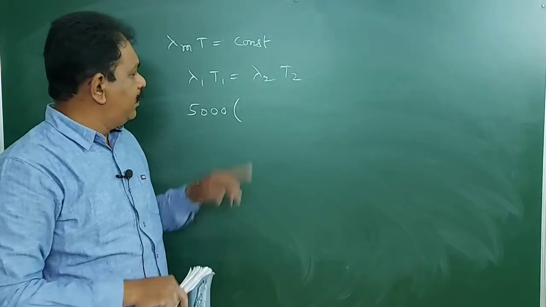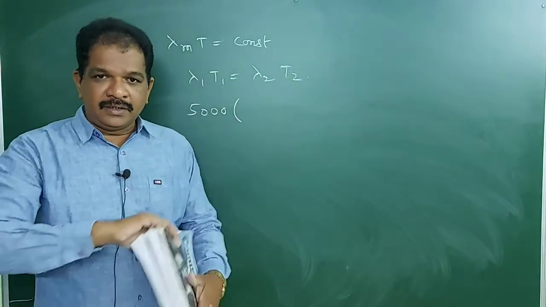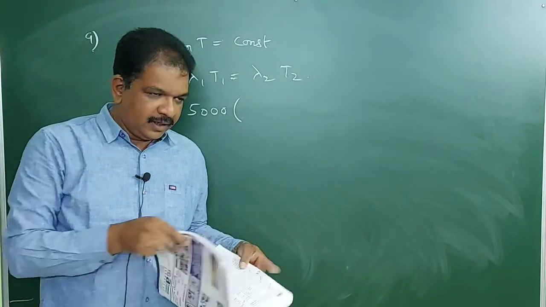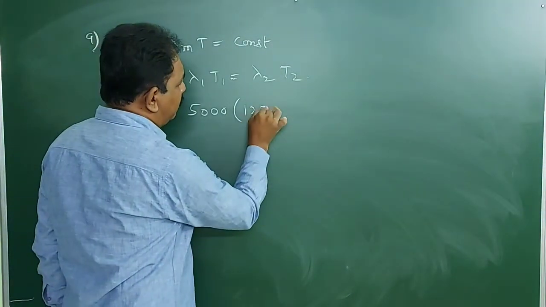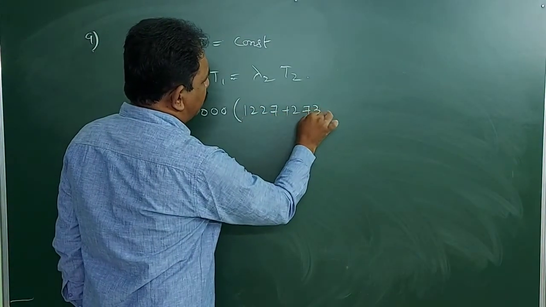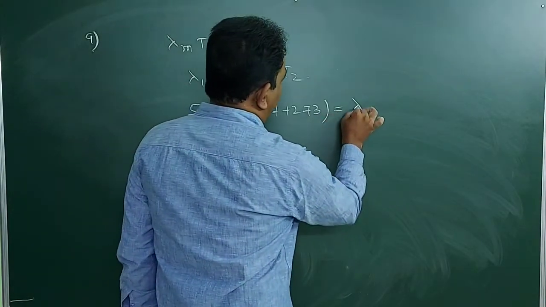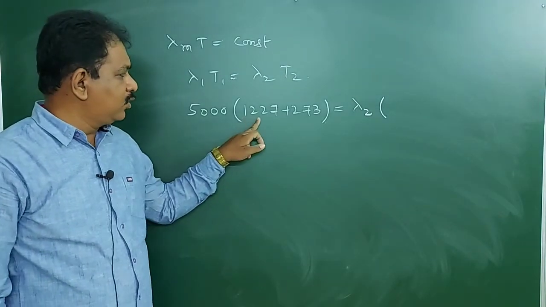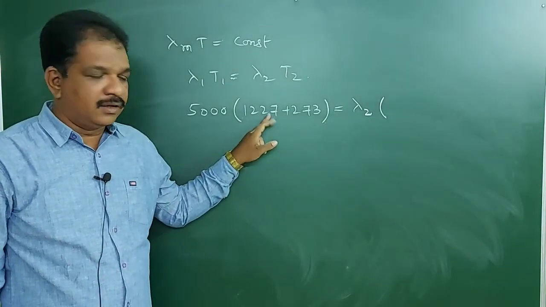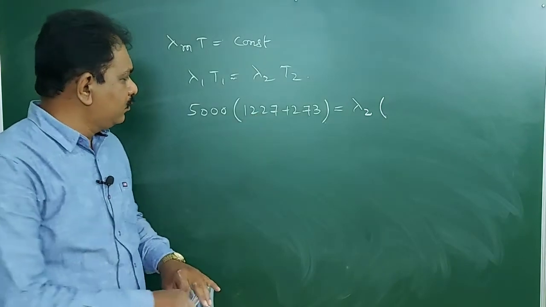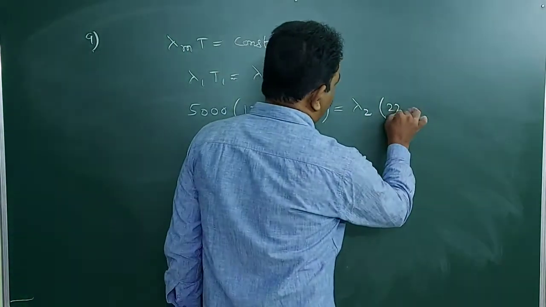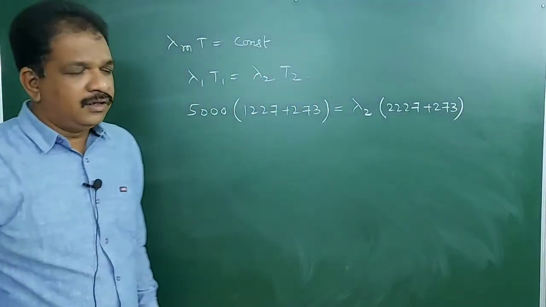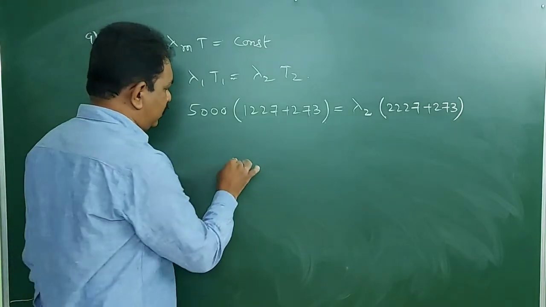Lambda 2, this will be absolute temperature, temperature in Kelvin scale. They gave temperature in degree centigrade. Convert that into Kelvin means just add 273. Temperature increases by 1000 degrees centigrade from here. If you add 1000 to it, it becomes 2227 degrees centigrade. Convert that into Kelvin by adding 273.